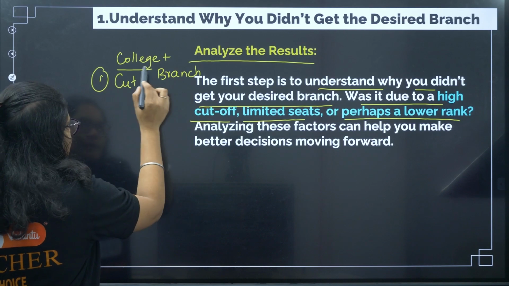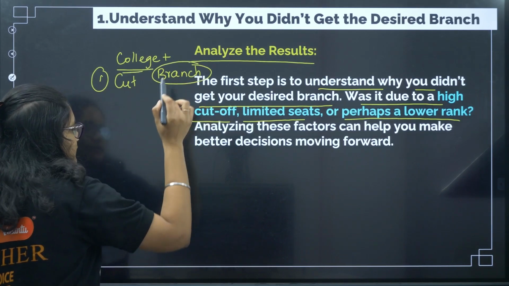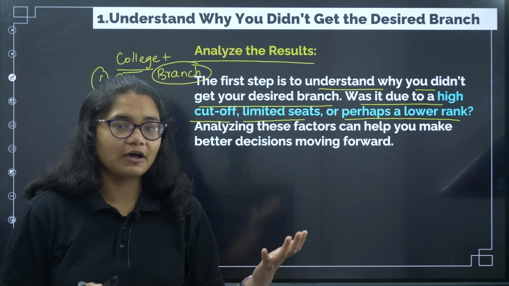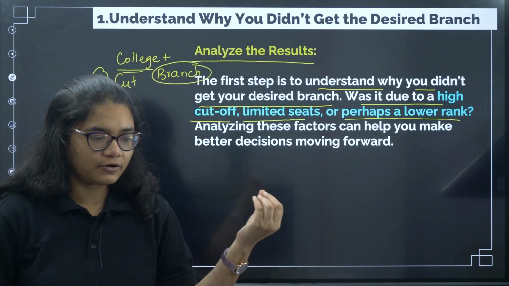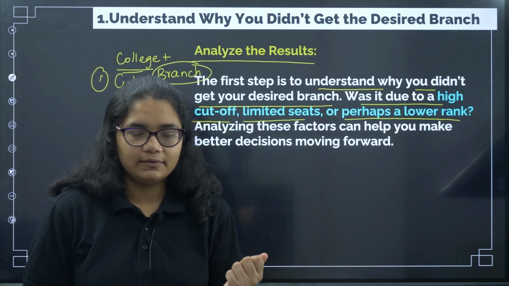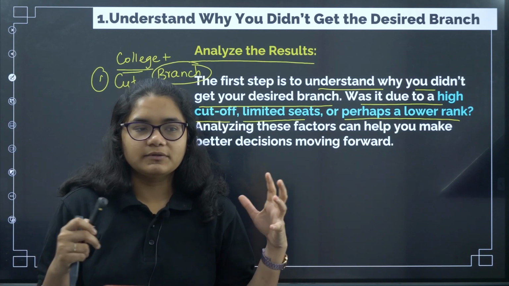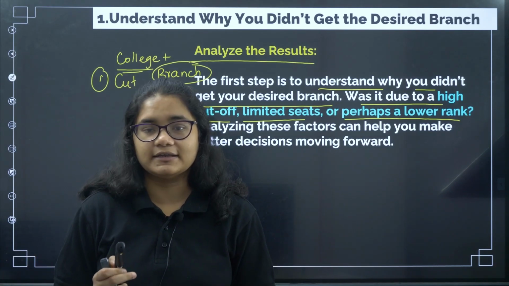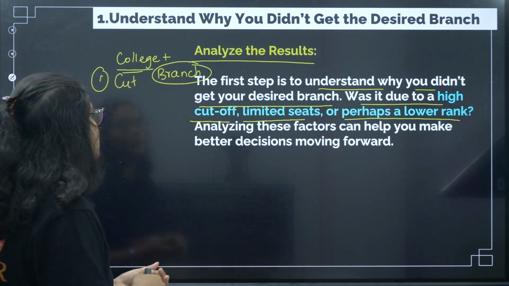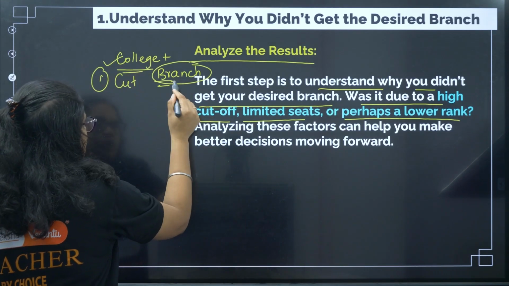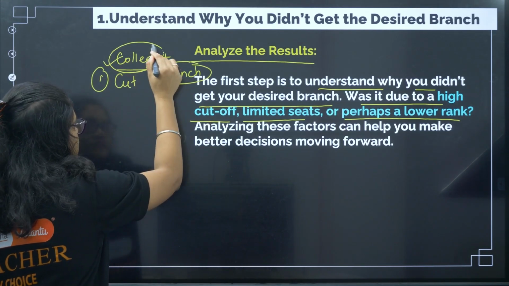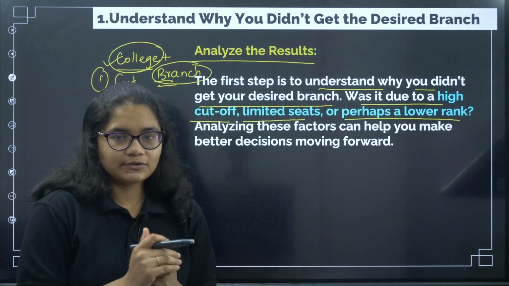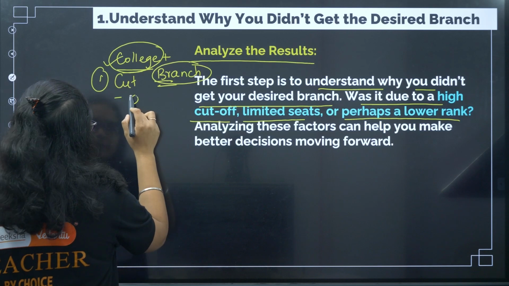Suppose you are interested in computer science, but computer science of RV and computer science of, for example, BMS IT are two different things, and the cutoffs are very different from each other. You might have added your desired branch in colleges where the cutoff is very high, which does not match your rank. That can be the first and one of the major reasons.